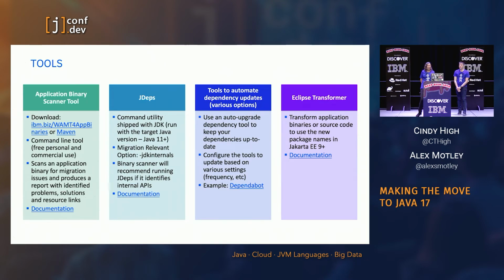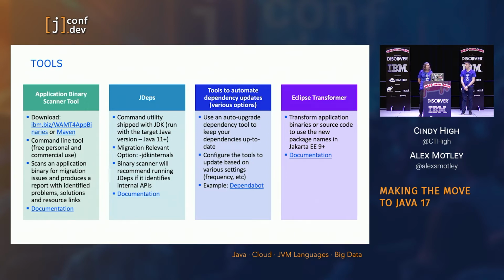One I alluded to, we started with, was a tool for moving from Java SE 1.4 to 5. That was an Eclipse source-based tool. That tool still exists. We still have it out there to do evaluation of your Java source code. The tool we use most frequently now is our binary scanner. It's a command line tool, or you can use it from a Maven build.